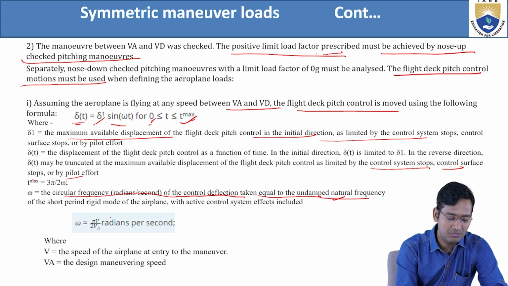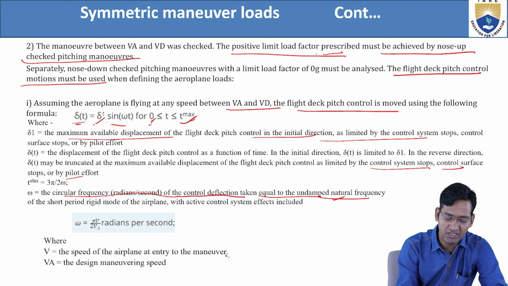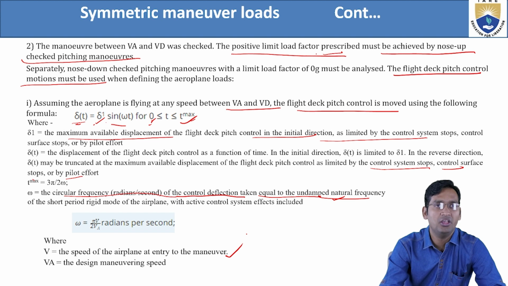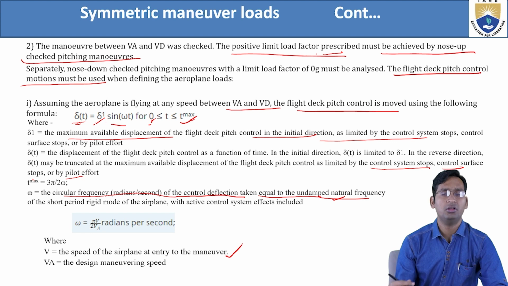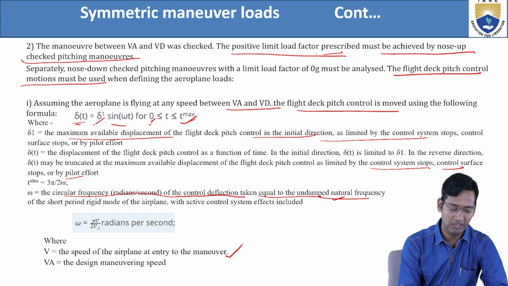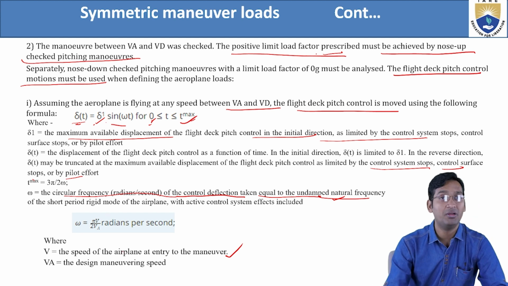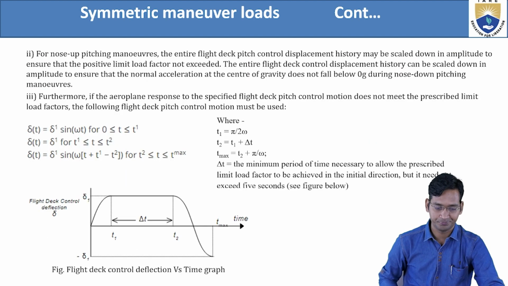Omega equals pi V by 2 VA, where V is the speed of the airplane at entry to the maneuver, meaning just before starting the maneuver, and VA is the design maneuvering speed.